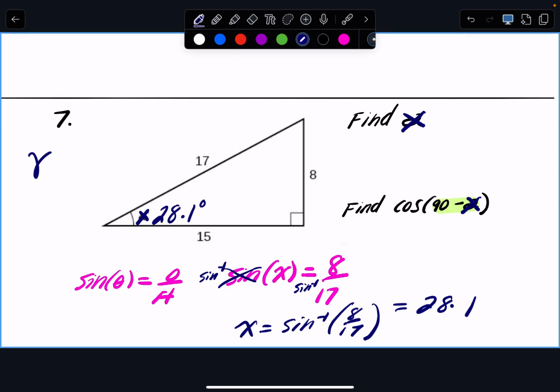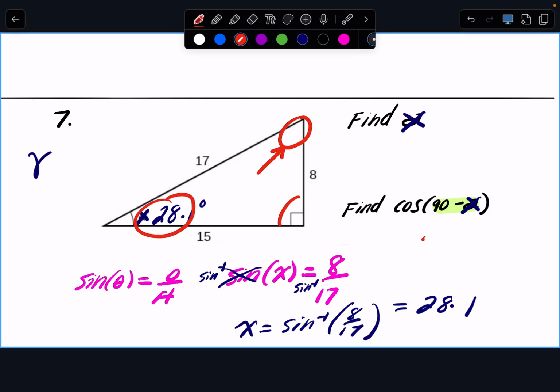Okay, now it says find cosine of 90 minus x. So what angle is that? Think about it. How many degrees are in a full triangle? 180. Isn't this 90 already taken? So 90 minus x, wouldn't that put me right here at this location? Think about why. If there's 180 and I have to take off 90, isn't there only 90 left between here and here?